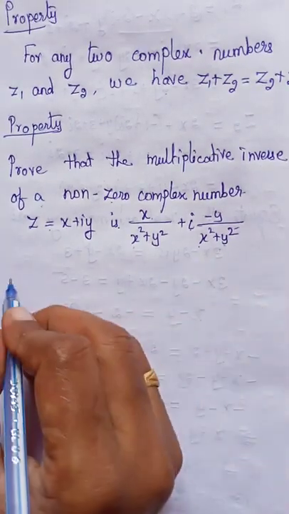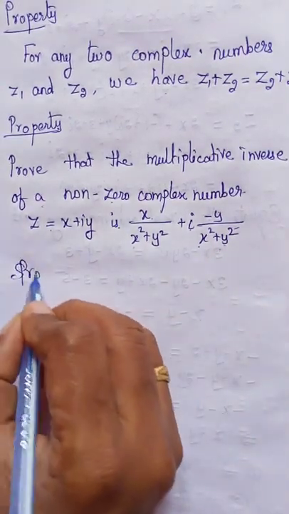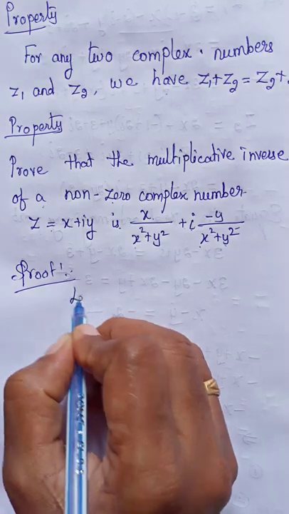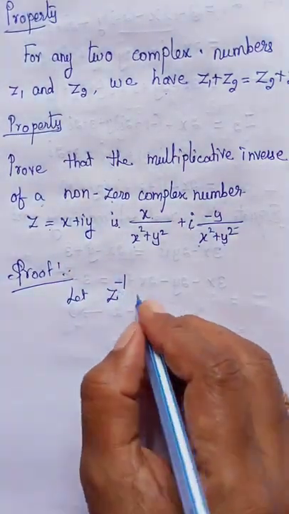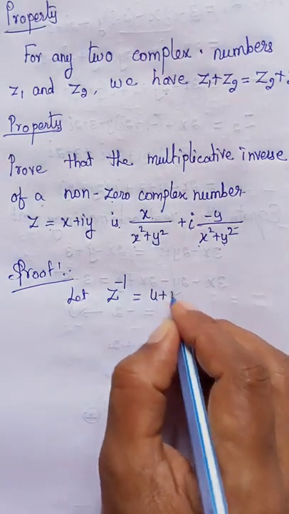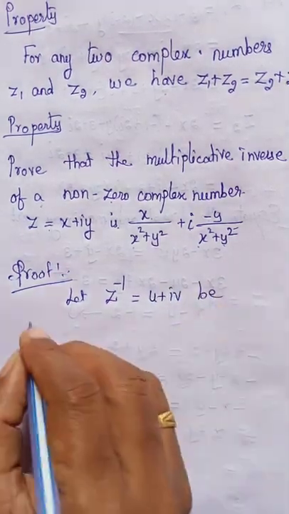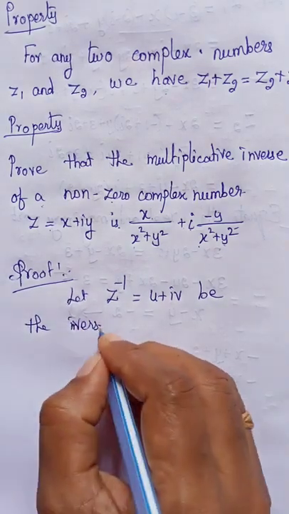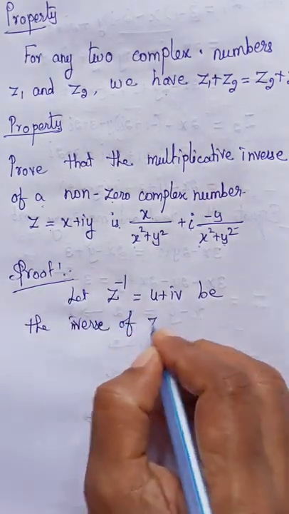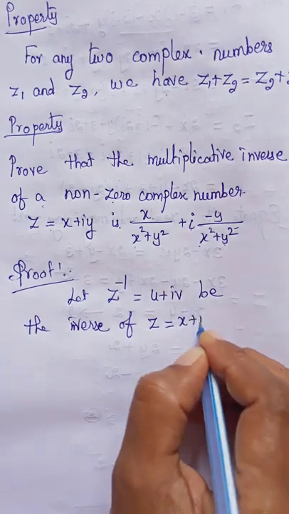So, the proof. I am taking, let z inverse is equal to u plus iv be the inverse of z equal to x plus iy.